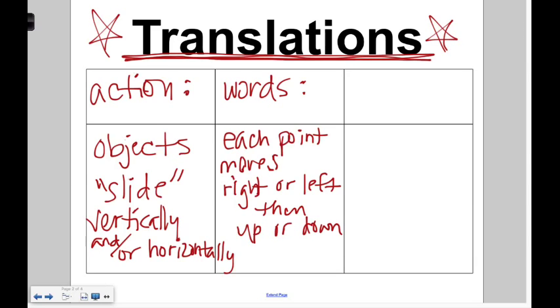So you might be given instructions in words that says move the point 2 to the right and 3 down. So that would be an example of what it would look like. Now, algebraically, the way it will be written, it'll look like this. You'll have an X and a Y coordinate, then you'll see an arrow, and you'll have a new X written.